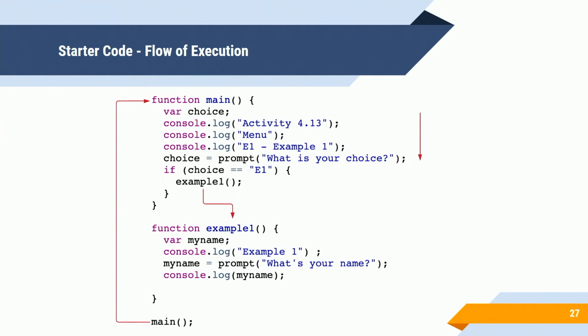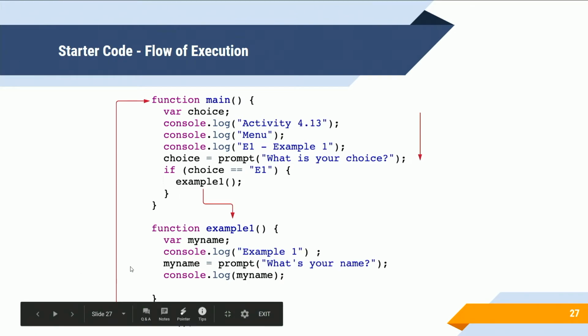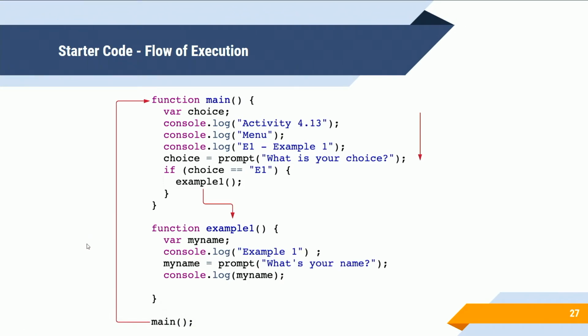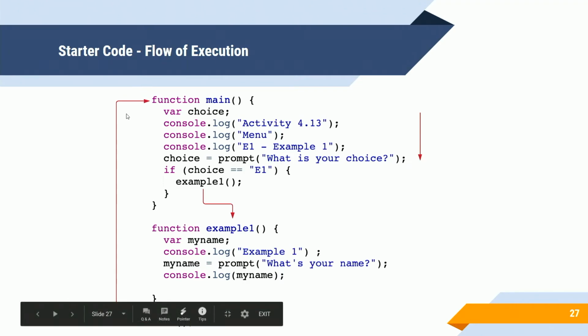So I just want to note the flow of execution, which I just kind of drew out for you. Again, in your JavaScript code, the compiler looks at the code, goes top down, goes down to your main menu, which is right down here, that call to main. When the program executes the call to main, it goes back up to the main function right up here.